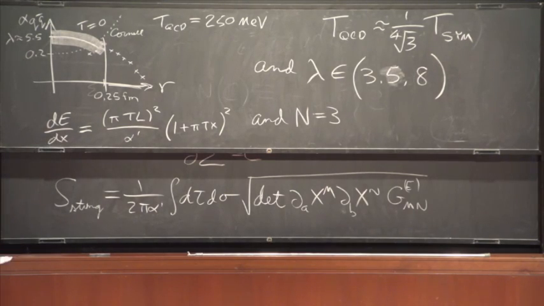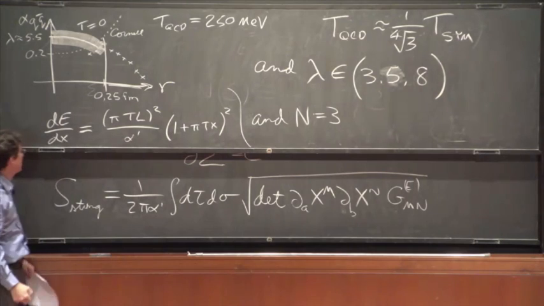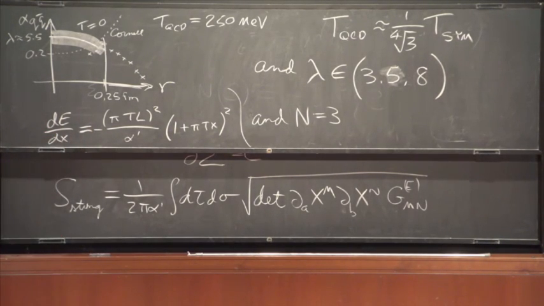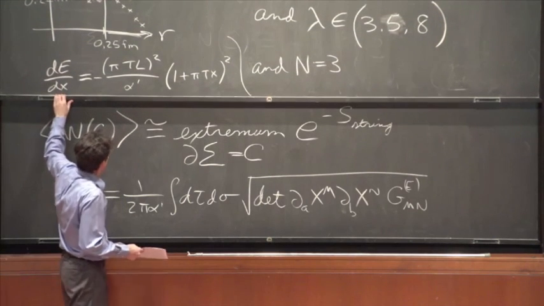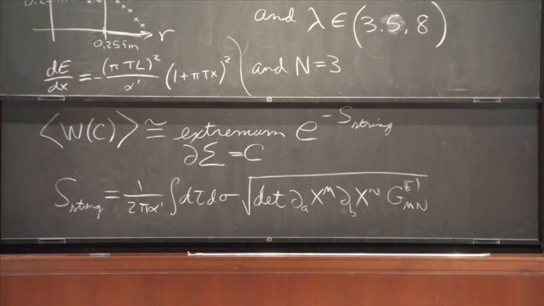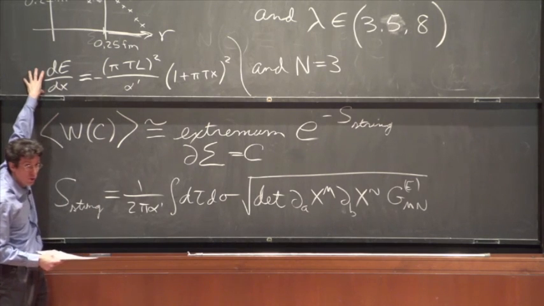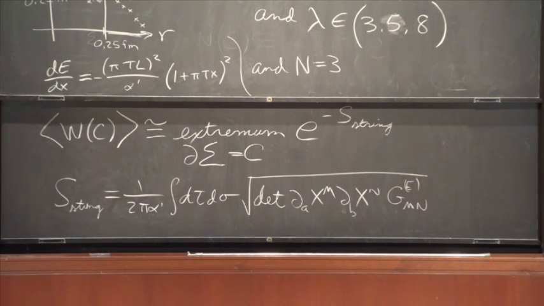I've got to have some way of deciding what values to plug into this formula to get the energy loss in GeV per femtometer. What I'm eventually going to do is exactly what I outlined here. Okay, so I think what I want to do next is tell you gradually how I'm going to derive this formula. But since this is another natural stopping place, let me pause for any more questions.